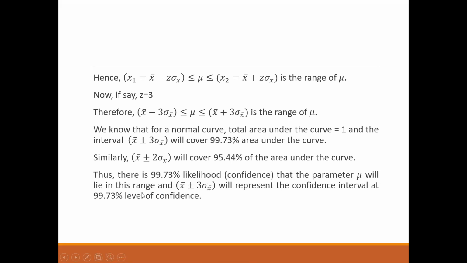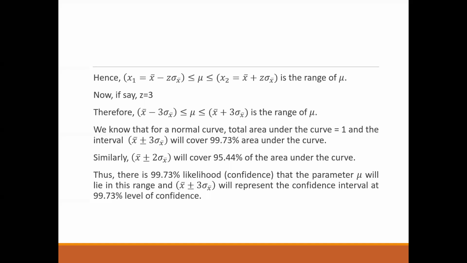Thus, there is 99.73% likelihood or confidence that the parameter mu will lie in this range of x bar plus minus 3 sigma x bar, and the confidence interval is at 99.73% level of confidence.